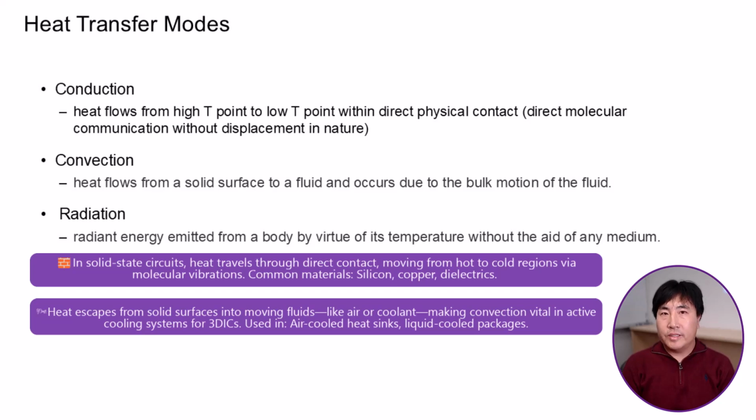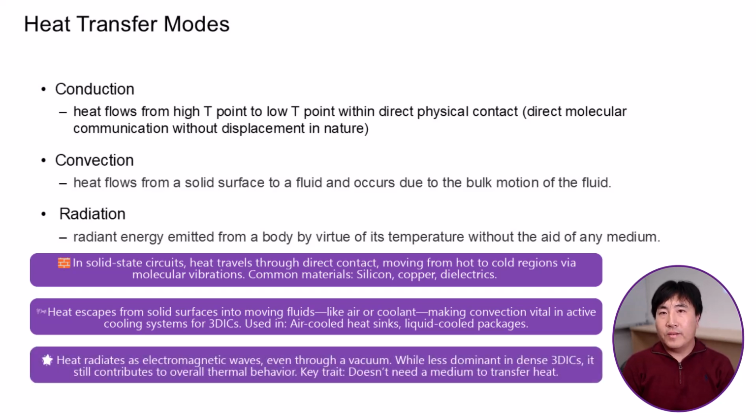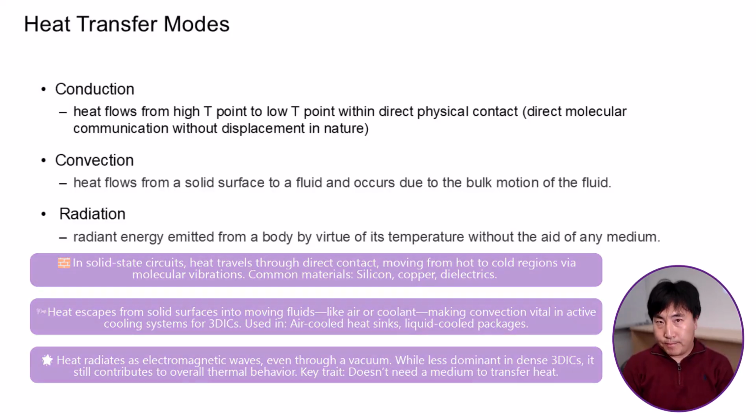Finally, radiation is energy emitted in the form of electromagnetic waves, driven by the body's temperature. Unlike conduction or convection, no medium is required for radiation, which can occur even in a vacuum. Understanding these modes sets the stage to evaluate the heat behavior of complex multi-die system designs to optimize their thermal integrity.